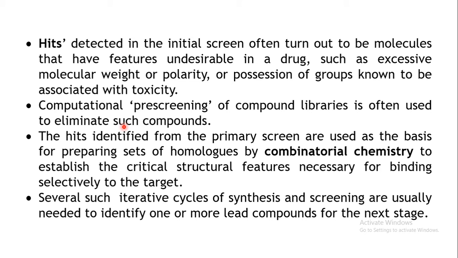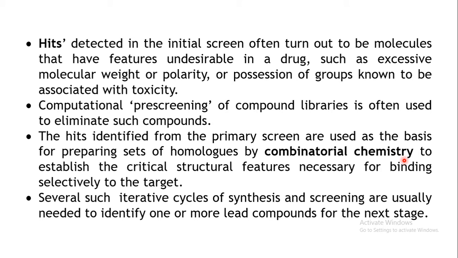Okay, so the hits which you have identified from this preliminary screening, computer based molecular modeling, are used as a basis to synthesize a number of homologous derivatives with the help of combinatorial chemistry. So you critically study the structure of your chemical compound and you can synthesize several such derivatives which will have ideal properties.